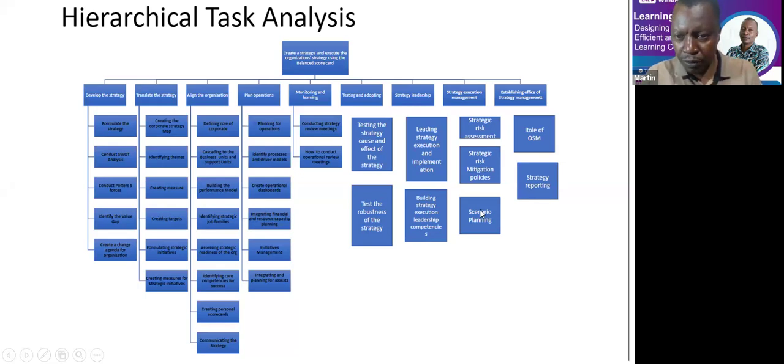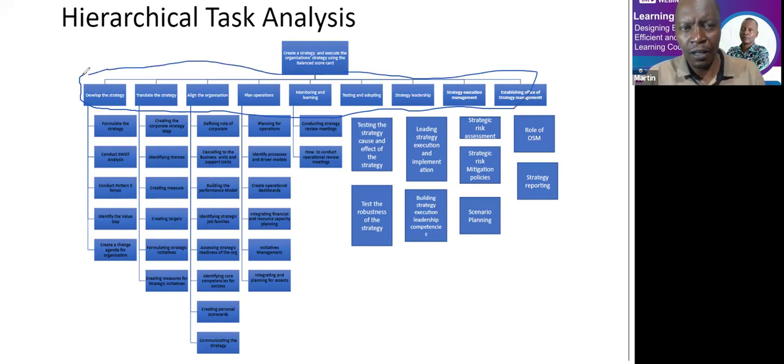Let's just get one of these tools. Okay. So these are the core competencies, or the core tasks, that we have in our task analysis. These are the core competencies that someone has to be able to perform well to achieve the task we wanted of them, to create a strategy and execute the organization's strategy using the balanced scorecard.